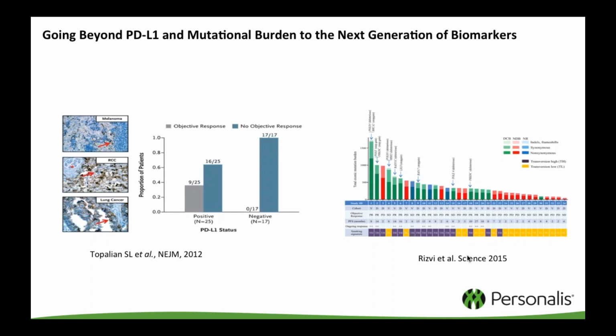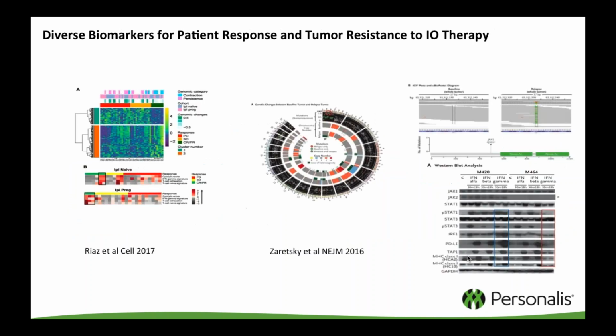It does not entirely delineate the responders from the non-responders. And so there are additional diverse biomarkers out there being suggested. And here are a few recent publications that have demonstrated additional metrics such as gene expression signatures and copy number variant analysis that may prove useful in understanding patient response as well as resistance to immunotherapy.